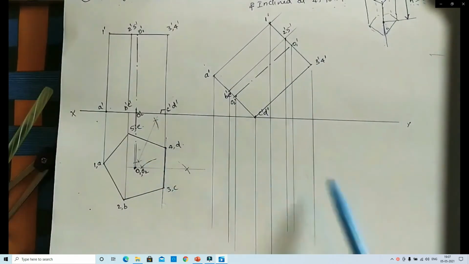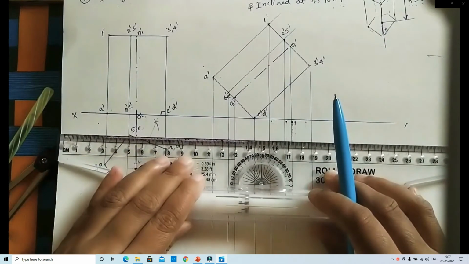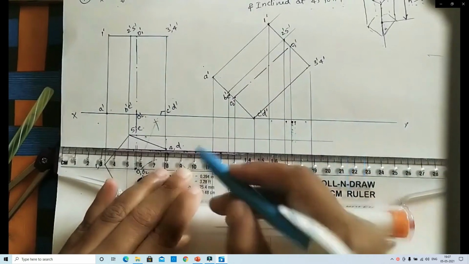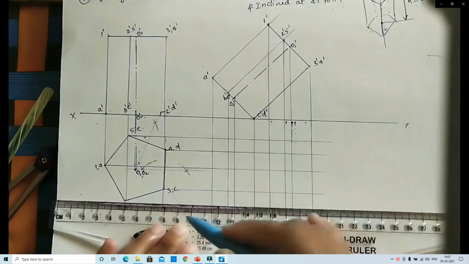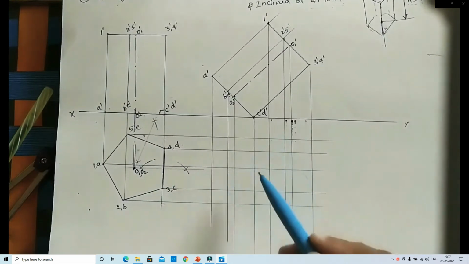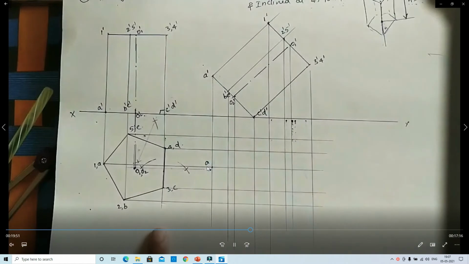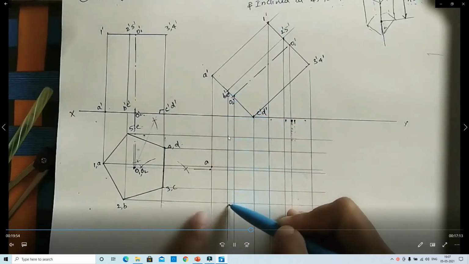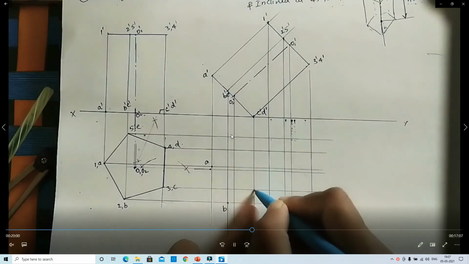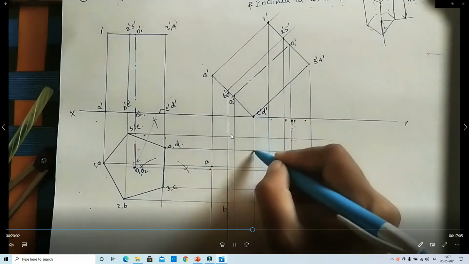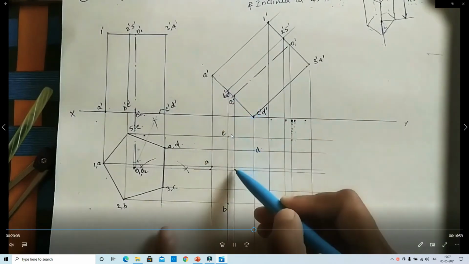Okay, now the pentagon, first simple stage 1, the top view pentagon also. In this way we identify the points on the lines with the help of the scale. Okay, these are the lines where you identify the points. First point, that is A. Next, this line B, this line E, and C, D, E. Okay, in this way you identify the points.